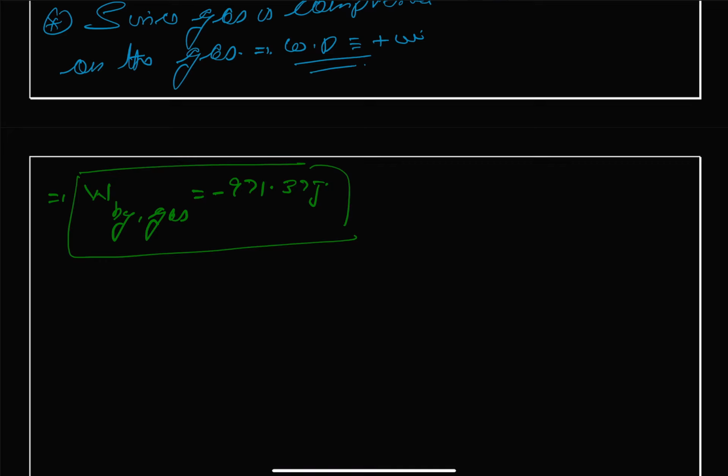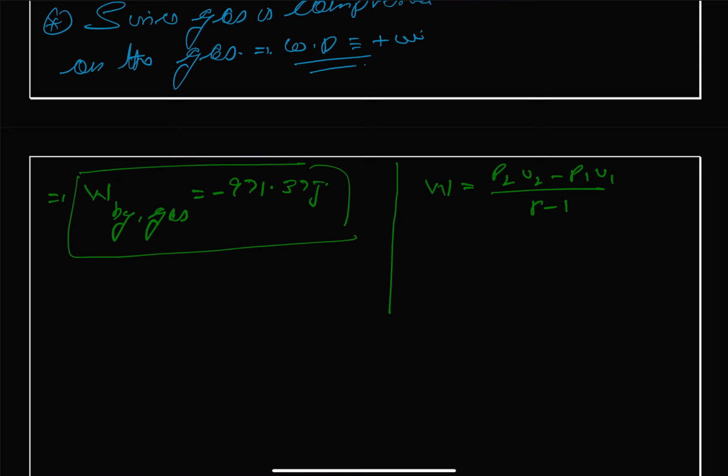And if we do not want to use this process, we can also use that our work done is equal to P2V2 minus P1V1 divided by gamma minus 1.